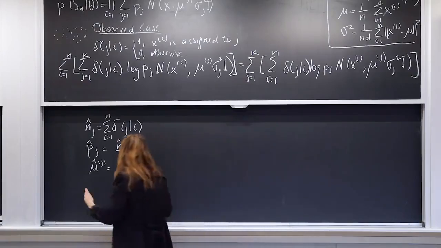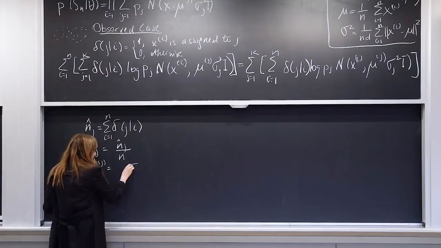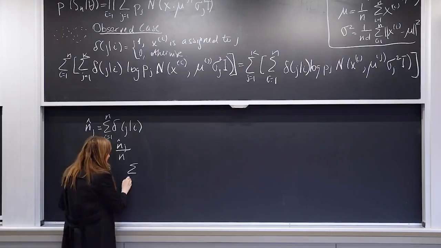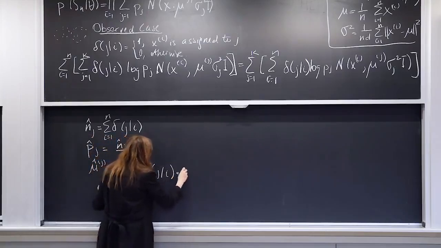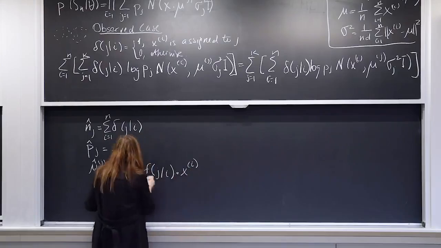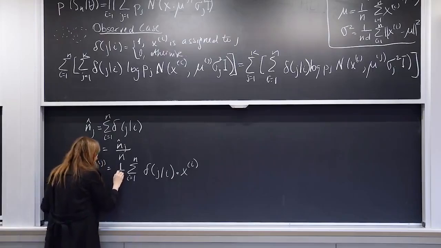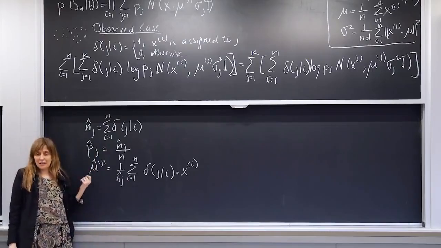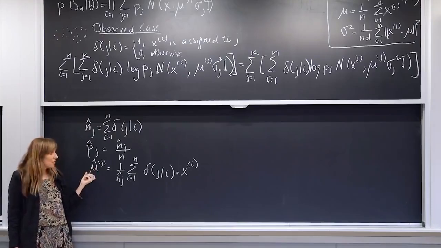So in this particular case, we will get the sum of all the points that belong to this cluster, going through all the points from 1 to n, divided by the size of that cluster. So this would be our maximum likelihood estimate for the center of the component J.